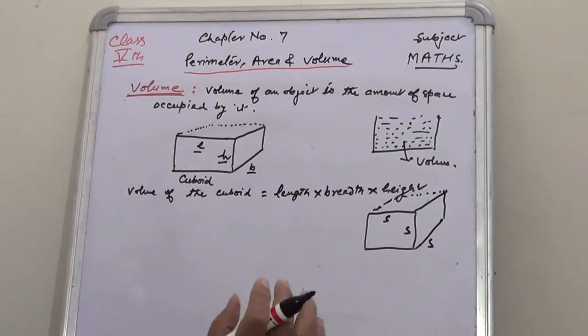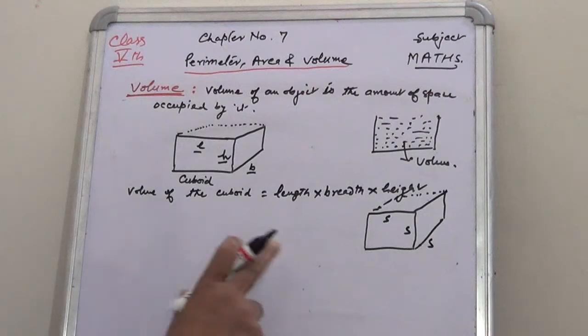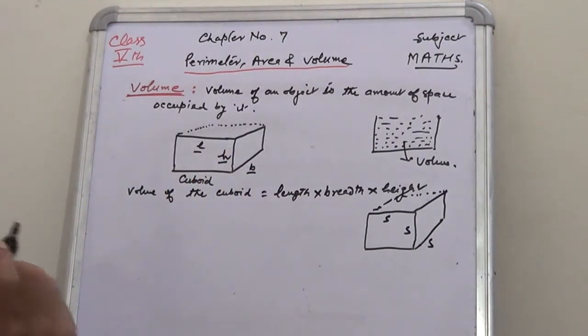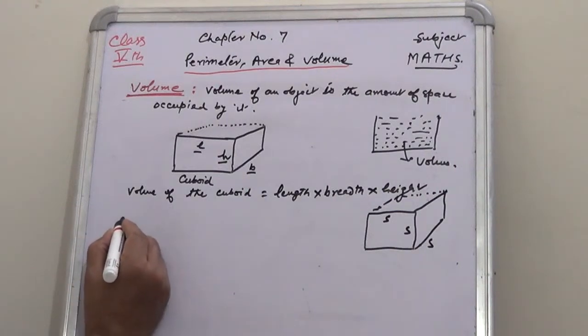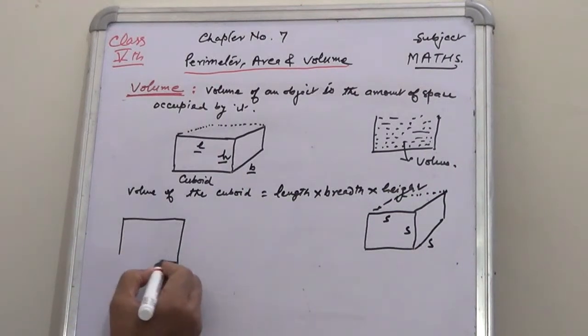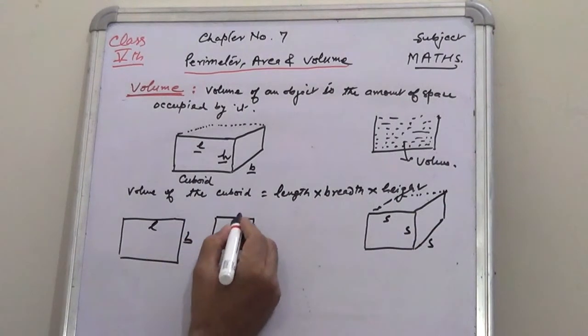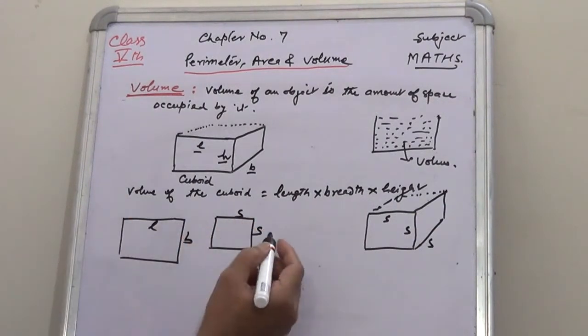All three sides in a cube are the same. As in the case of area, we had a rectangle with different length and breadth, and a square with the same length and breadth.